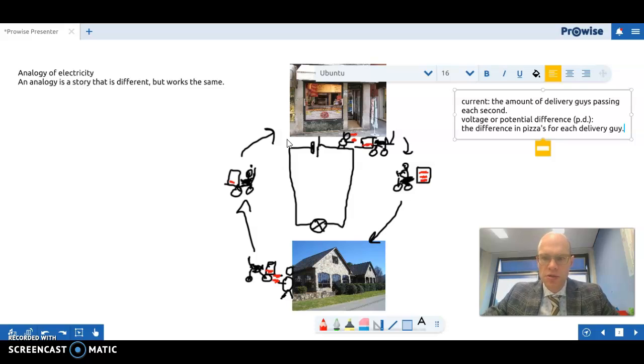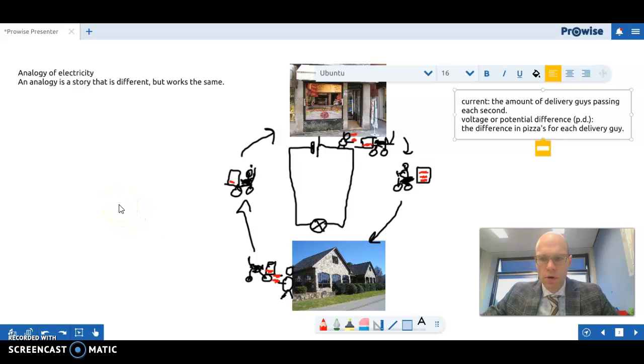And for the analogy that you have drawn, you need to write down what current and what voltage or potential difference is in your analogy, the knowledge of your group, and then in the end, you need to present it to the rest of your class, what your analogy is and what your voltage and potential difference is. Okay, so you need to think about an analogy you could use in your group, and that's basically it. That is what you need to do.